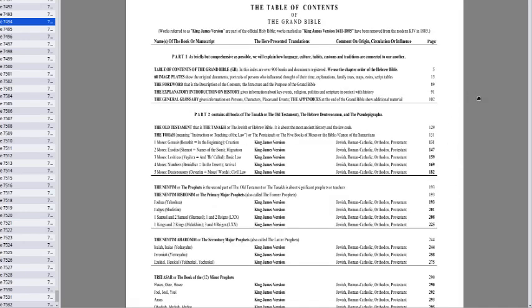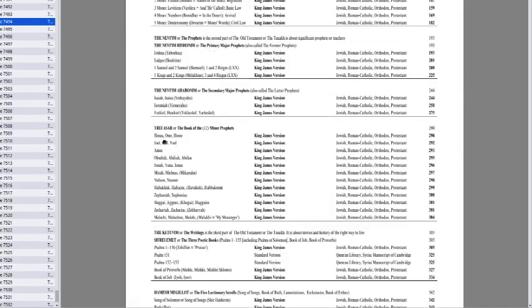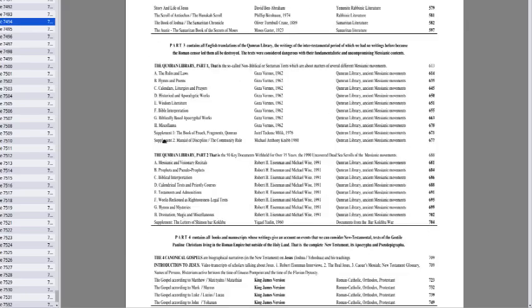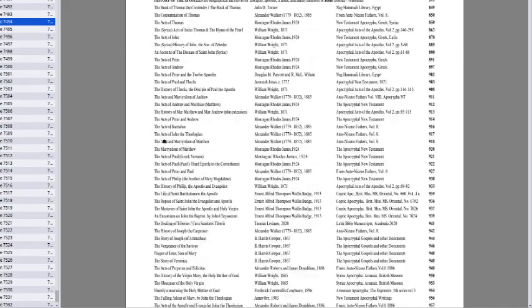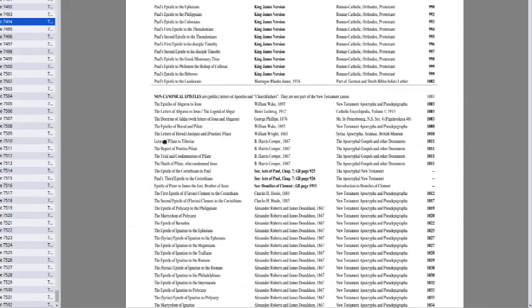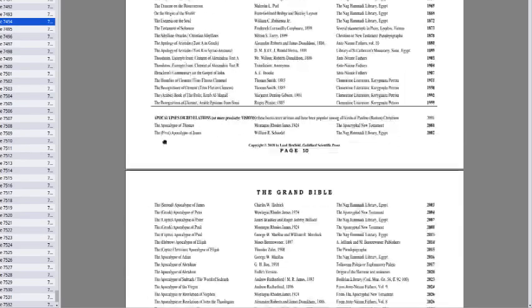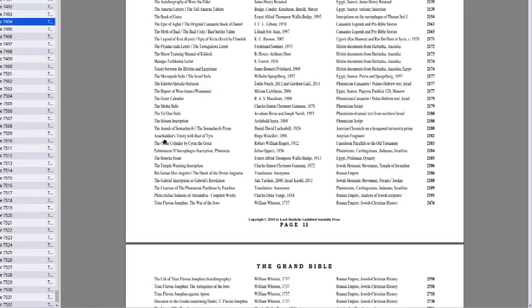Okay, there's the table of contents again. So as you can see, it's all the Old Testament, different Bible versions, the Old Testament, New Testament, from the Aramaic, Syriac, Hebrew, Greek, etc., down to the Latin, to modern English, and so forth. There's a hell of a lot of information there.